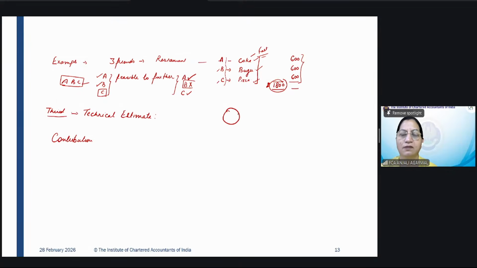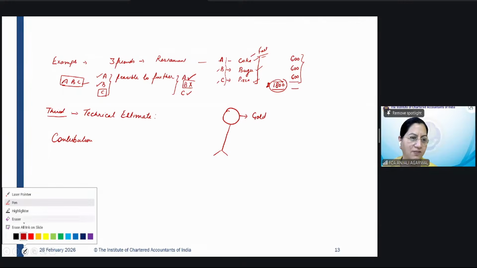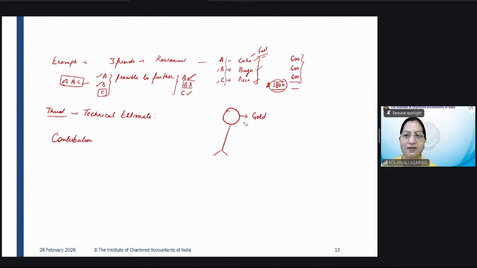You take a piece of gold and process it. Let me make a gold bar. So let's take a piece of gold, start melting and processing it, and you end up making two different rings.